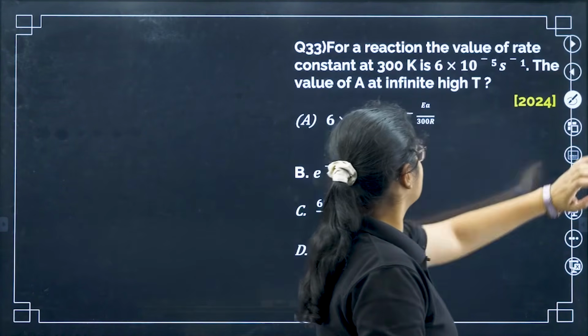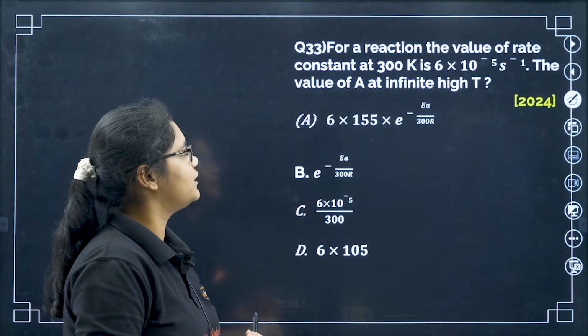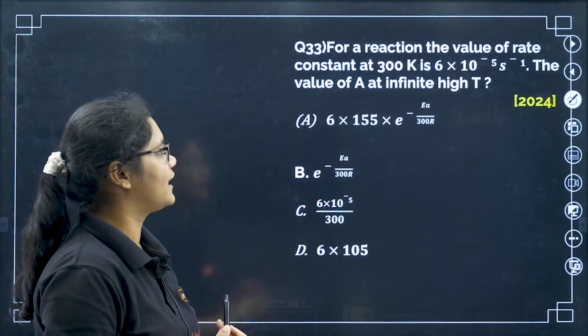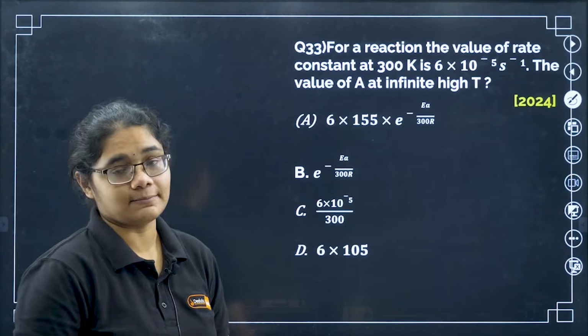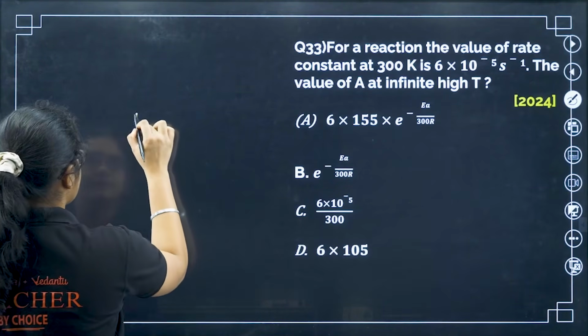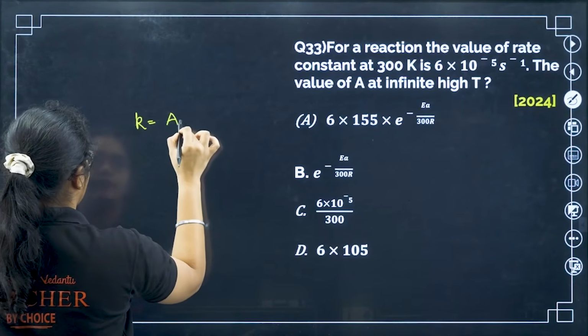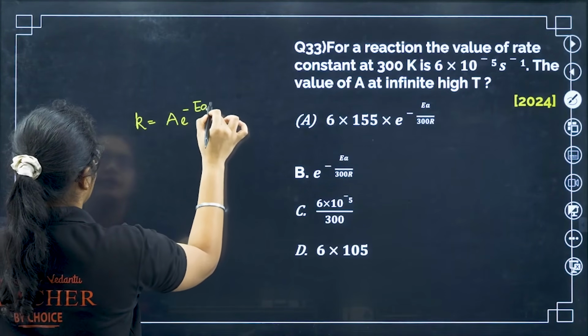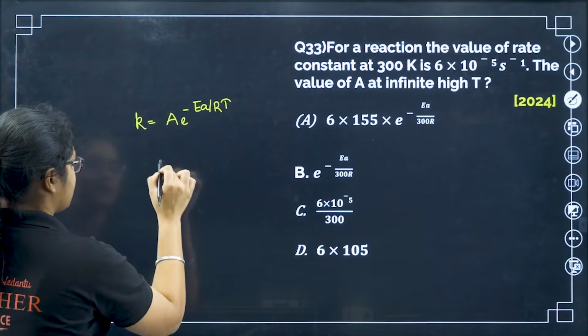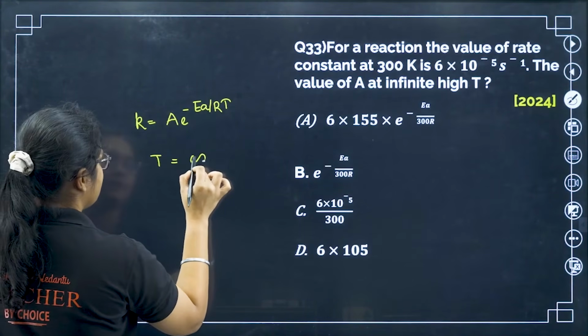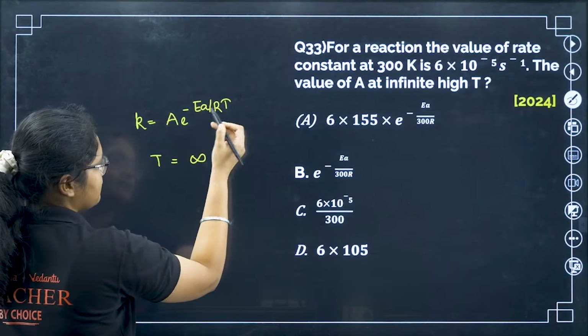Now moving to question number 33. For a reaction, the value of rate constant at 300 Kelvin is this much. The value of A at infinite high temperature. So if you see, I have K is equal to A into e to the power of minus Ea by RT. At infinite high temperature means I can write T is equal to infinity. So anything to the power minus infinity is 0.